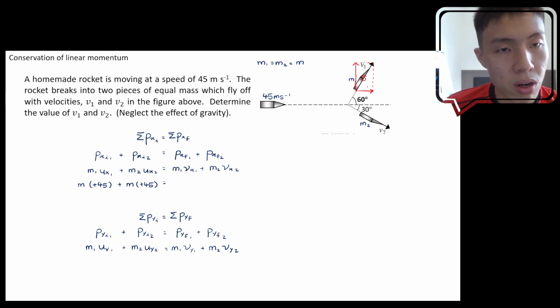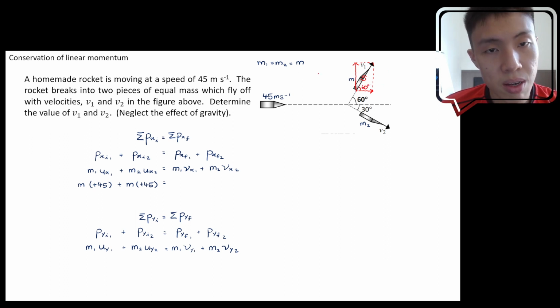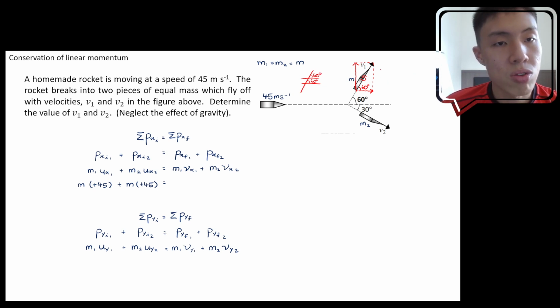Okay, so we can call this 60 degrees. You can probably see that this is something like this. If this is 60, then this should be 60 as well. Now if you break this, 60 is near the x component, so the x component will be cos, v1 cos 60.